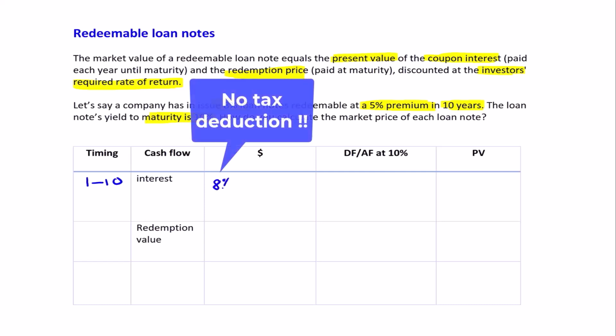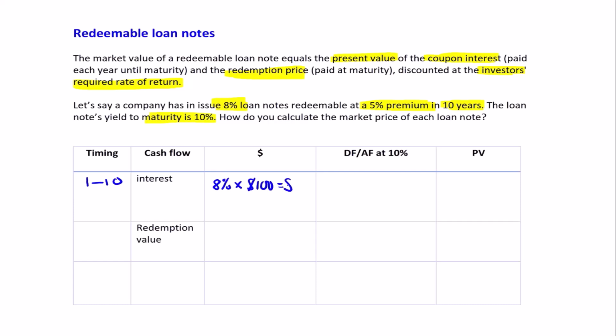So 8% times 100 means we'll be getting $8 interest per annum. The redemption value comes in at year 10, and I've already said that is 105, because it's 100 times 1.05, because it's a 5% premium.